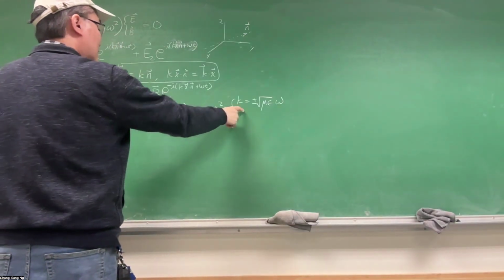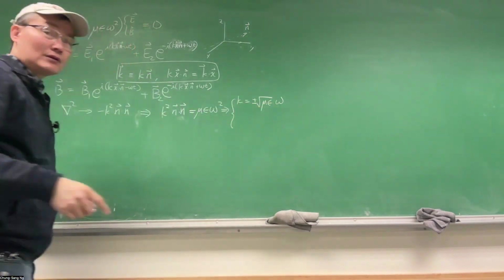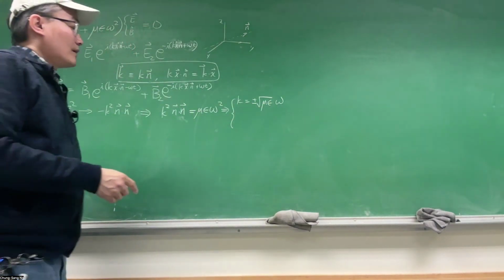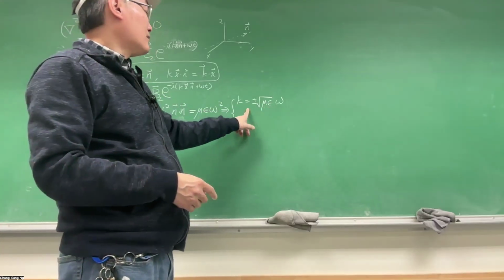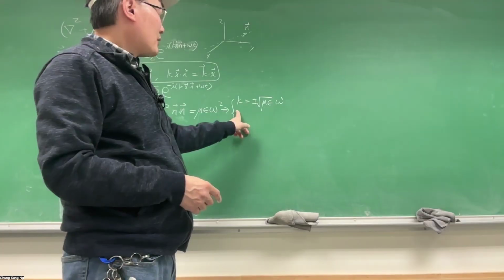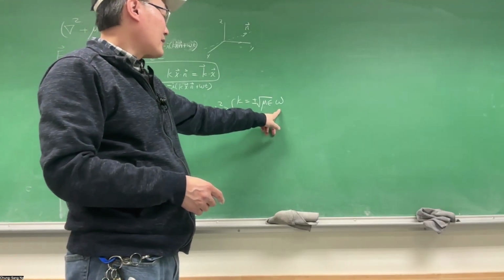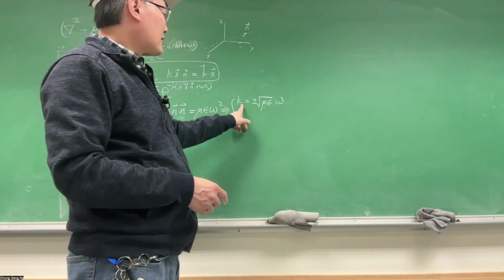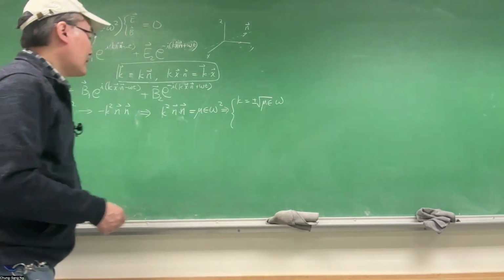This relationship between k and omega is what we call the dispersion relation. For the simplest case, where mu and epsilon are constant, this dispersion relation is non-dispersive. If the phase velocity doesn't depend on omega, that's what we call a non-dispersive wave.